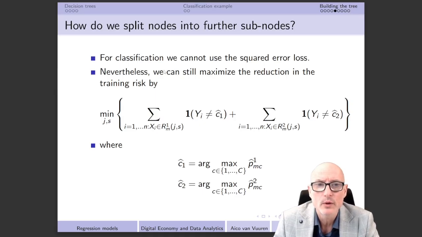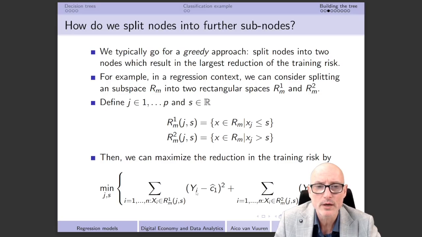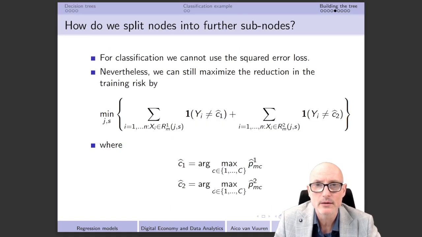What we would like to do is maximize the reduction in the training risk, and that we can still do because we can simply replace the squared errors that we have over here by the 0-1 loss function. So the idea is exactly the same as before, and then we can again minimize with respect to j and s.